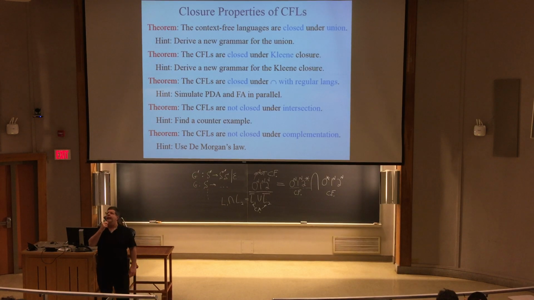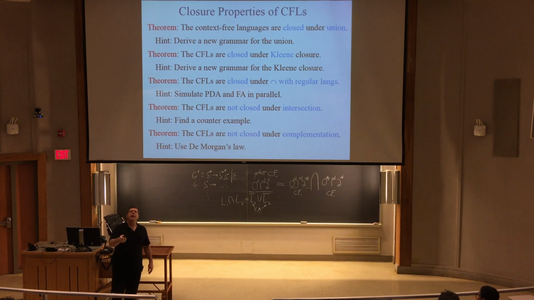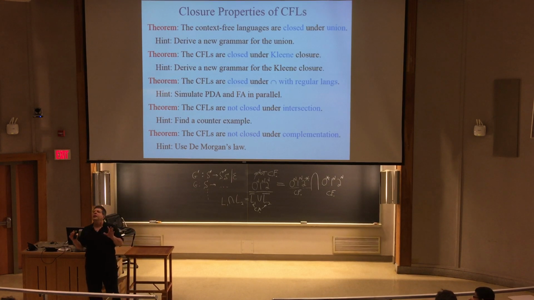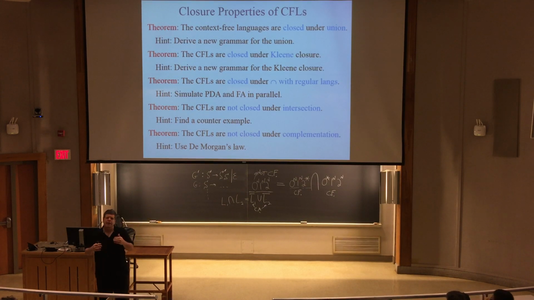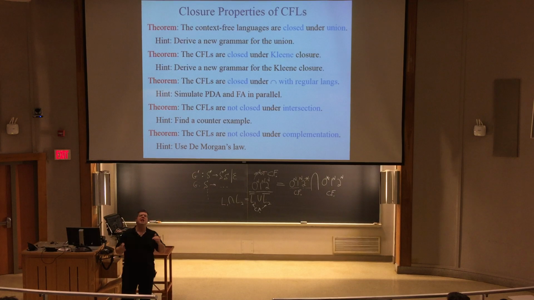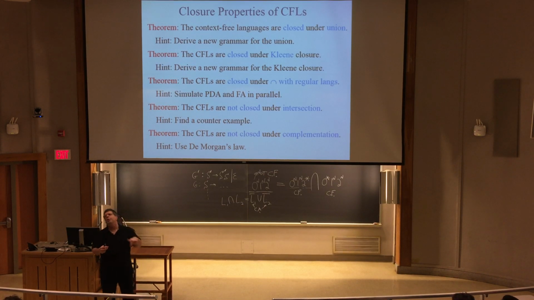Let me ask it a different way. Let's say the intersection is not preserved. If the intersection is not preserved, what else can you deduce from that? The other two cannot also both be preserved. Yeah, the other two cannot both be preserved.